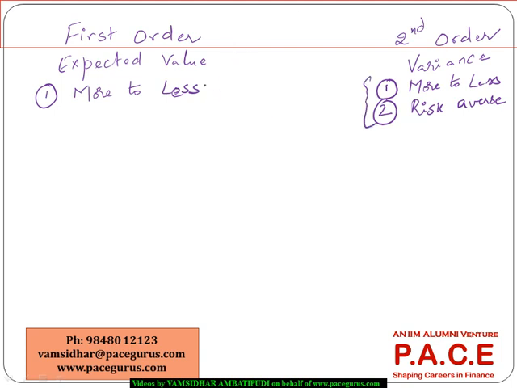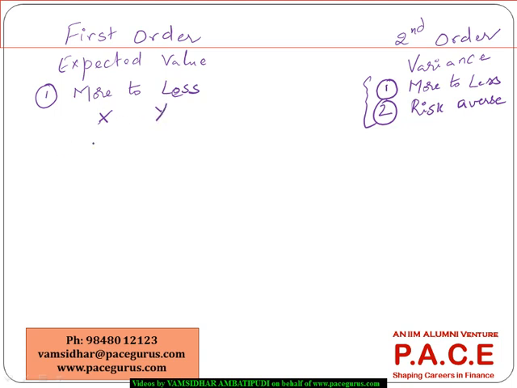The preference will be from more to less if I am going with the first order. So let's say X and Y are the two investment opportunities that are available.